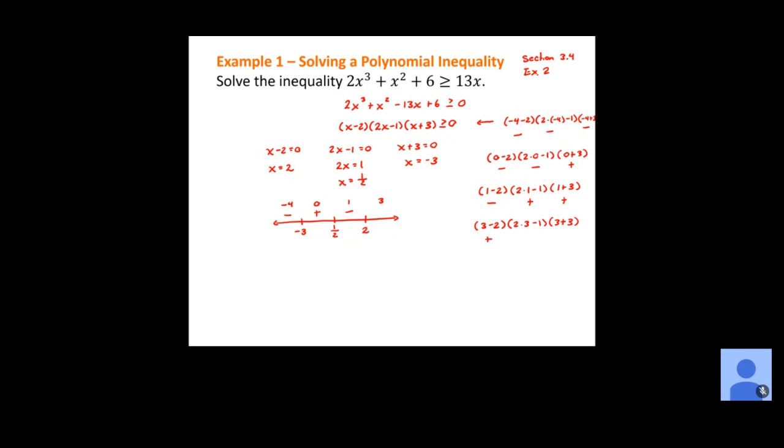Positive. 2 times 3 minus 1 is positive, and 3 plus 3 is positive. Good. 3 positives will give us a positive overall. Perfect. Any questions about how I found those signs now?